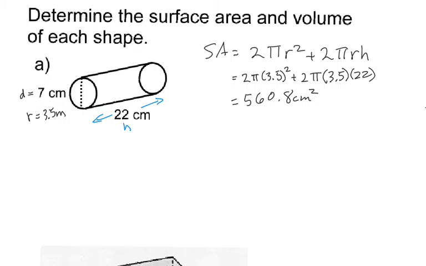It's always important to remember that dealing with areas, you're always ending up with centimeters squared, meters squared, feet squared, etc. Now, since we've calculated the surface area, let's calculate the volume of our cylinder. The volume of our cylinder is determined by this equation that we determined earlier. V is equal to pi r squared h.